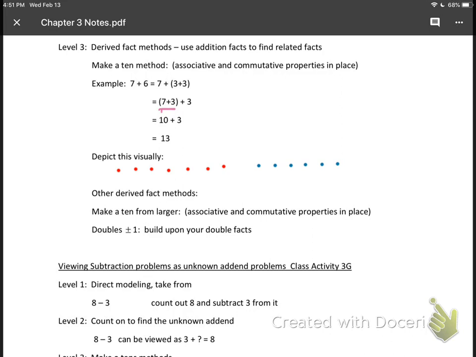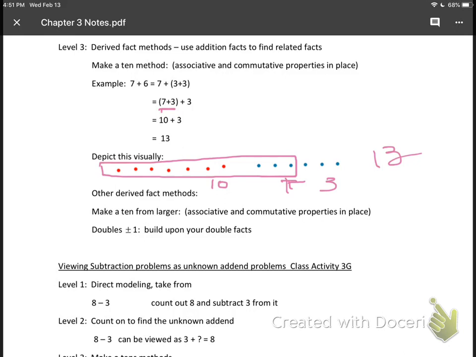If I want to group by 10, because I'm going to add all these together, my 7 are right here. I then pick up 3 more of the blue. That gives me 7 plus 3 is 10. And then it's easy enough to count 3 more. So 10 plus my 3 will get me back to 13.